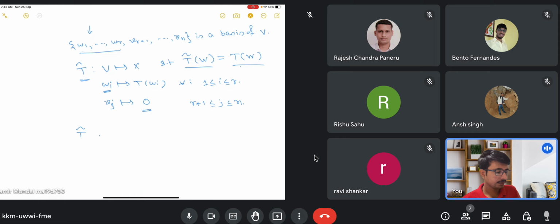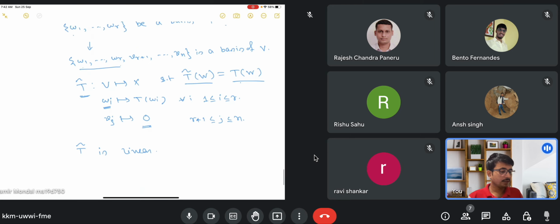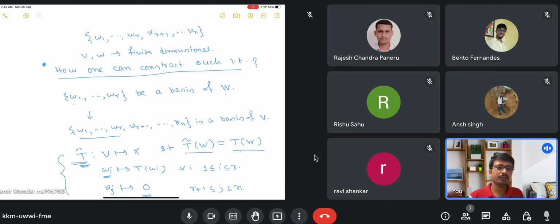This is a linear transformation, but this is not a unique T. This is one construction; we can do many such constructions. So this is the existence of your T tilde.